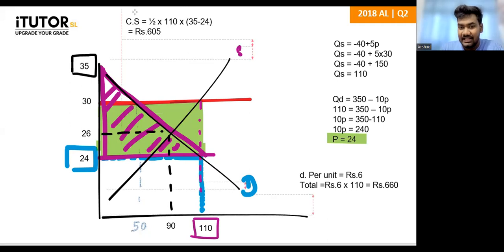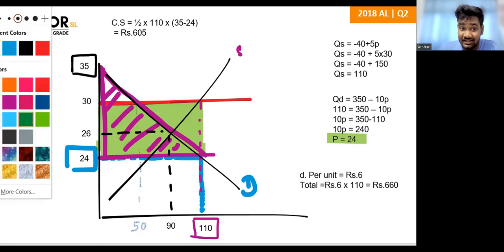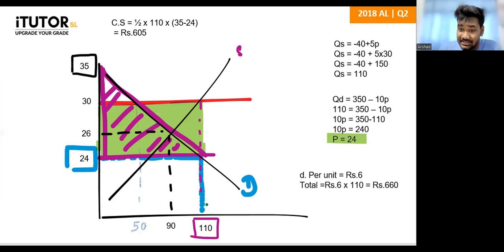Done. Then can you tell me, guys, the producer, how many units is he selling? What is the price he is receiving? The producer, to find producer surplus now. How many units is he selling? Producer is selling 110 units and he is getting 30 rupees, right?